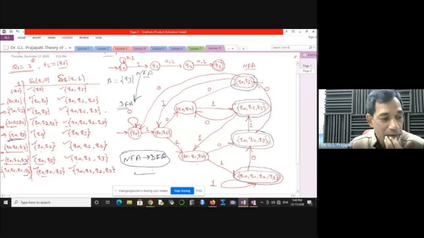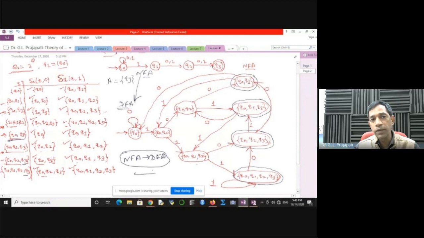This conversion is very simple, but you have to remember that you have to give the transitions of the DFA on behalf of the NFA. The most important thing is that, instead of listing all possible states of 2 raised to the power Q, you start from the initial state, and one by one see which subsets you can visit from it. Only the subsets reachable from the initial state are considered as states of your DFA.